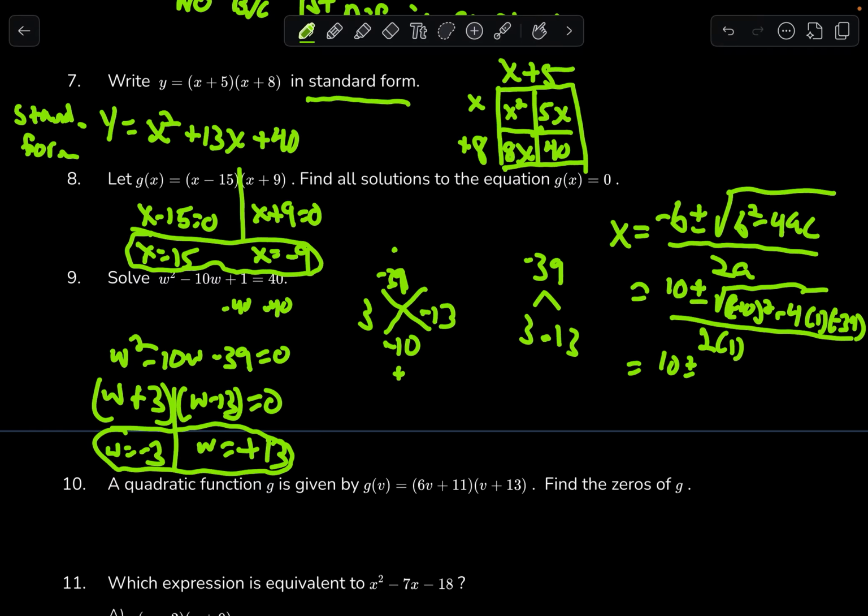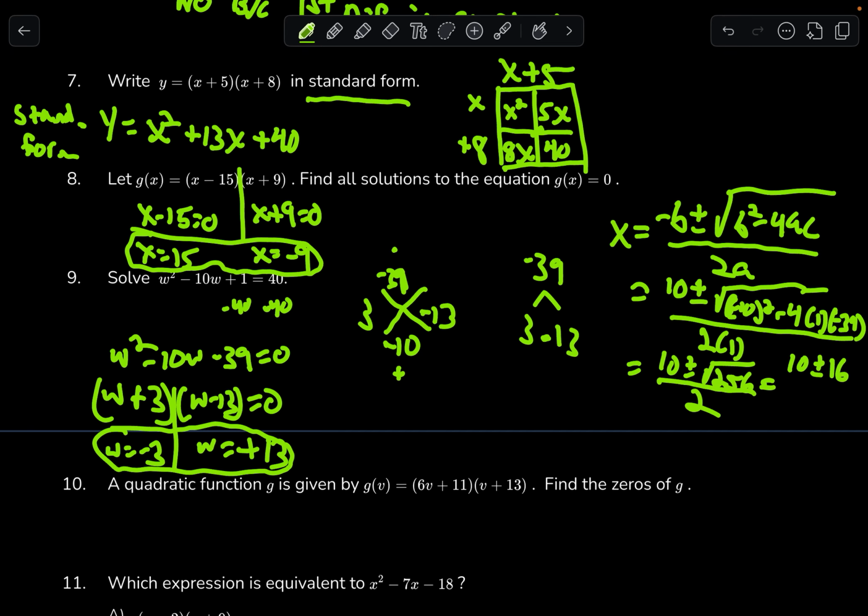Now, using our calculator, negative 10 squared is 100. Negative 4 times 1 times negative 39. So 4 times 39 is, you add that up, that's 156, so it's 100 plus 156, which is 256. So it's the square root of 256 all over 2. Square root of 256 is 16.